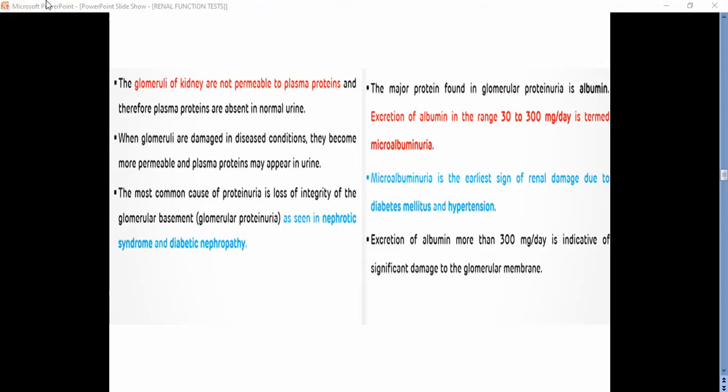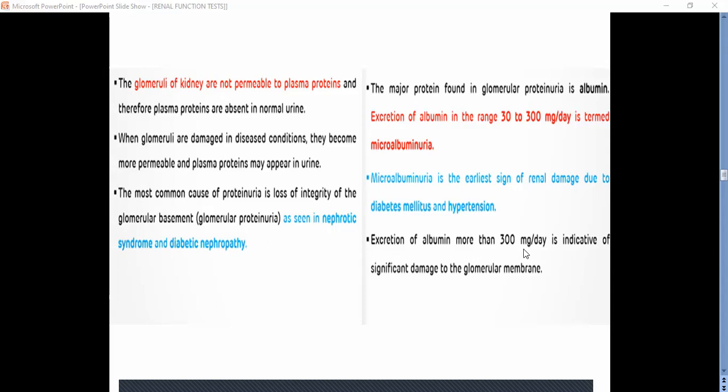The most common cause of proteinuria is loss of integrity of the glomerular basement membrane, as seen in nephrotic syndrome and diabetic nephropathy. The major protein found in glomerular proteinuria is albumin, the most important protein excreted in urine.